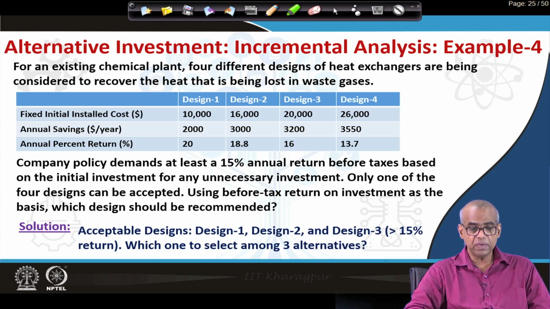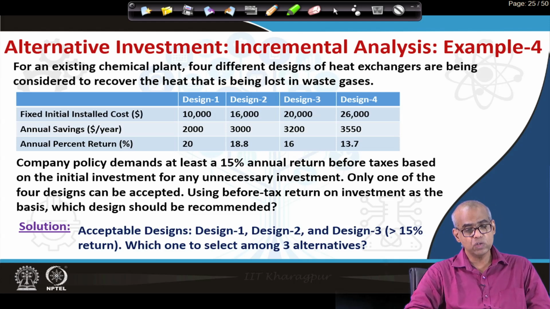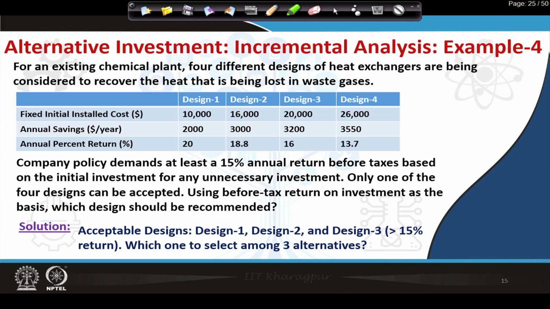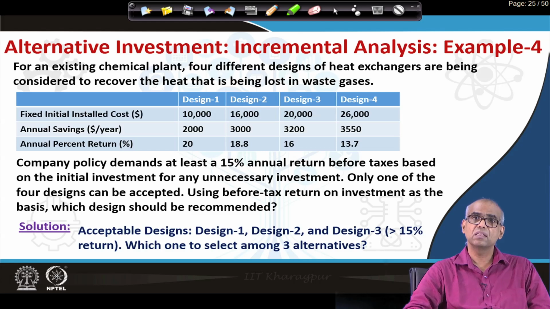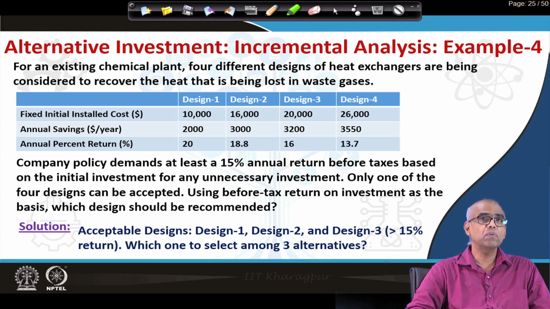So, I have to compare design 1, design 2 and design 3 and select the best one. Design 1 is the acceptable design which requires minimum investment, so let us consider this as the base case. This is the base plan. So, design 2 and design 3 will be compared against design 1 and we will see by doing incremental analysis whether further investment is recommended or not.